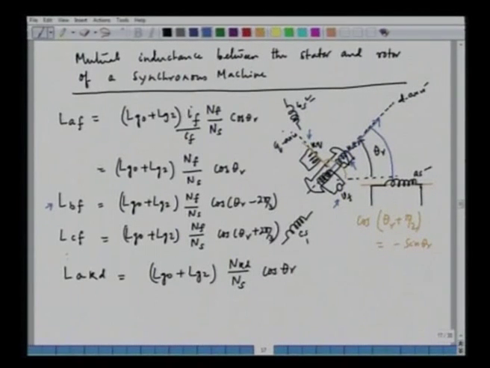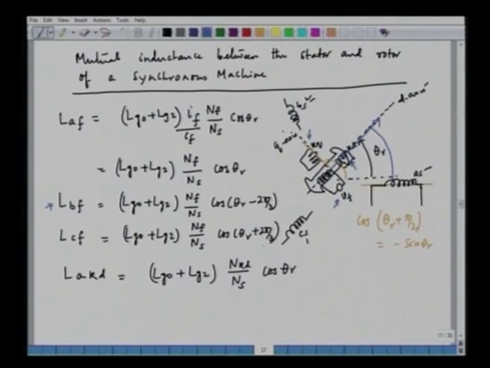And similarly, we can evaluate LCF, that is (Lg0 plus Lg2) into NF by NS cos of (theta r plus 2 pi by 3), because phase C is further 120 degrees ahead of phase B, and hence we have cos (theta r plus 2 pi by 3).